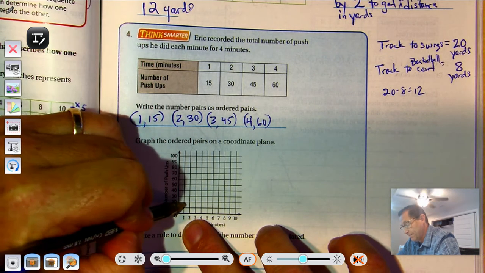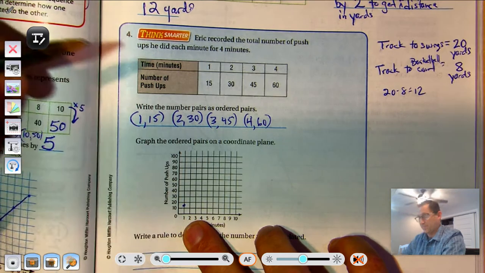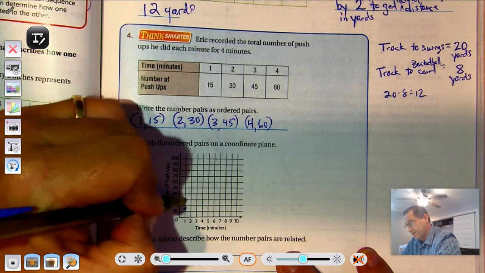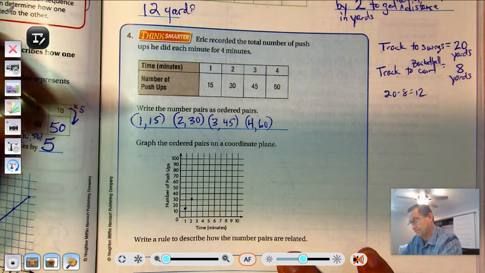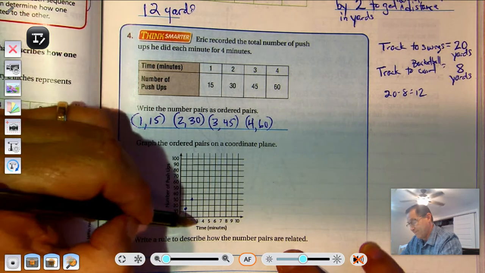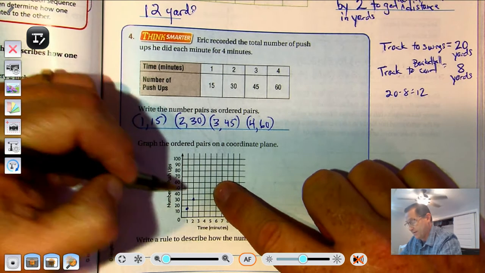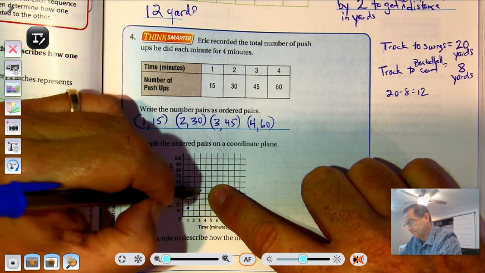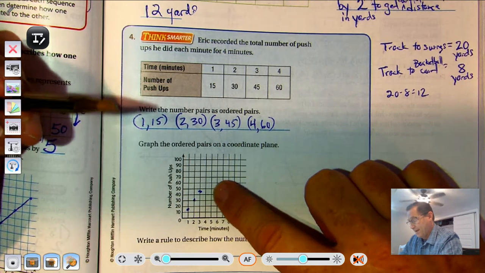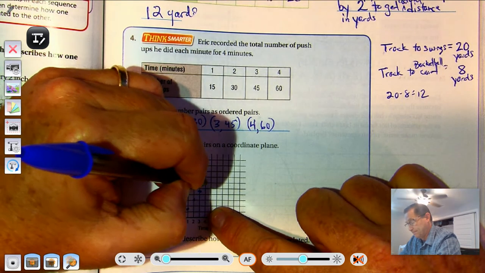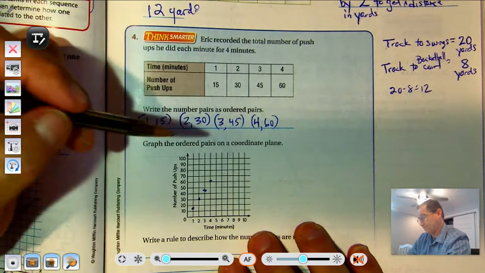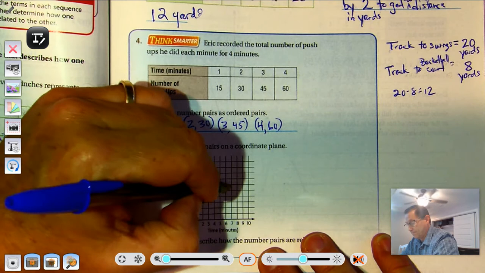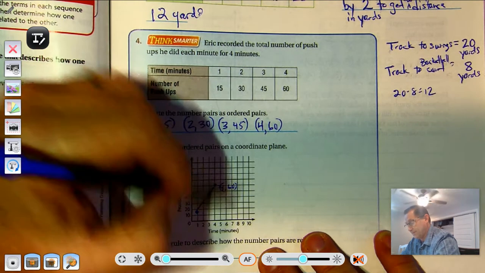So I go to 1 and put the point in between 10 and 20. 2 and 30. 3 and 45. 45 is not on here, but it will be between 40 and 50. And 4 and 60. Points.